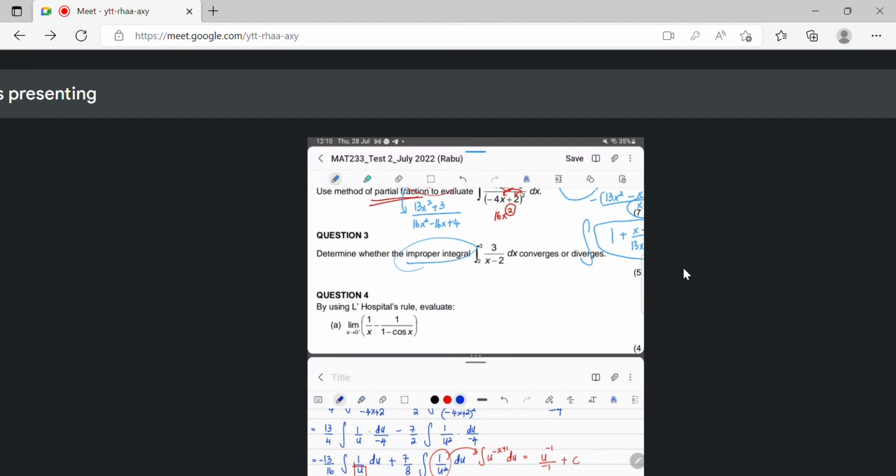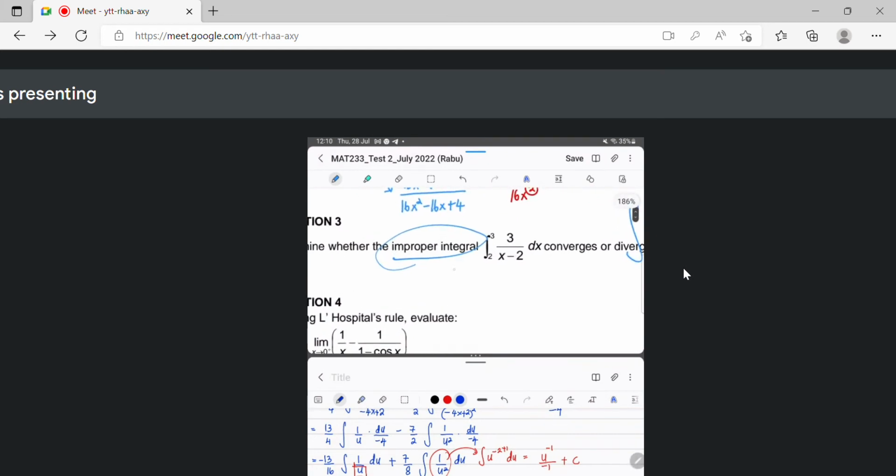Okay, for the improper integral, apa yang kita akan buat adalah, improper biasanya bila salah satu... Improper integral ada 3 jenis. The first one, salah satu ada infinity. Dia punya hint adalah hanya pada apa kita panggil tu?